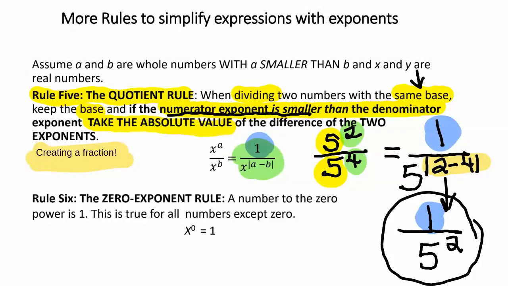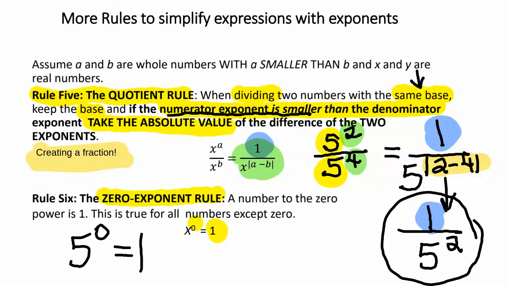Now, rule number 6. This is one you probably already know, but I like to tell you. This is called the zero exponent rule. This x has a 0 power. Well, it always equals 1. Always. So if I have 5 to the 0, this has got to equal 1.